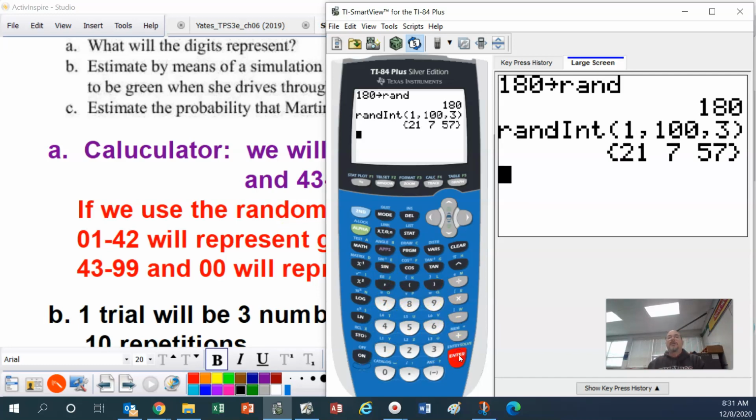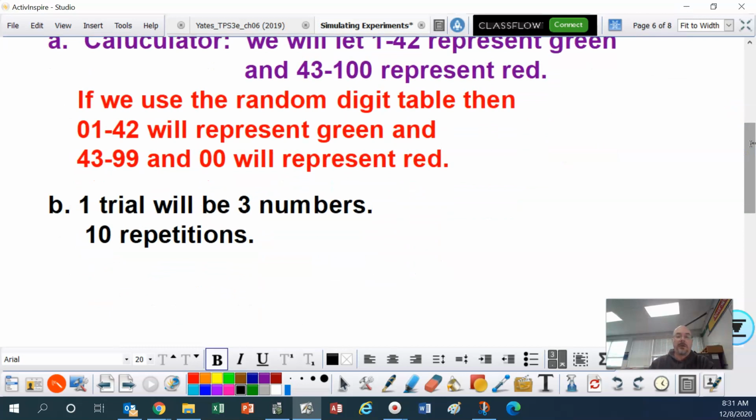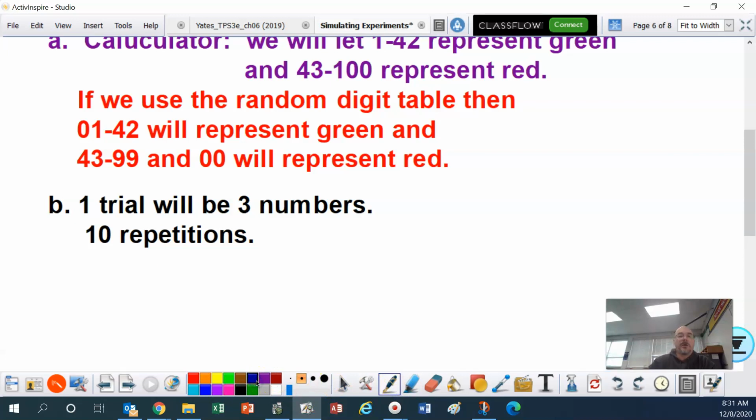Okay. So when I write this down, I need to write down what it means. So this would be green, green, red. And you actually need to keep track of that as you're going here. All right, let me get my pen going. So I'm going to write down green, green, red.